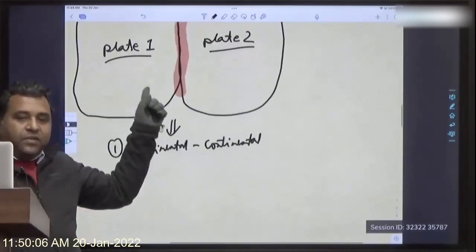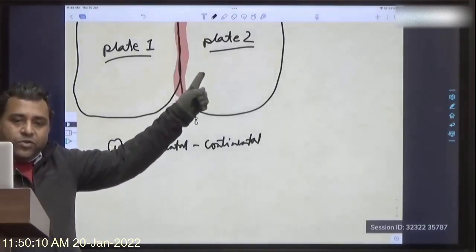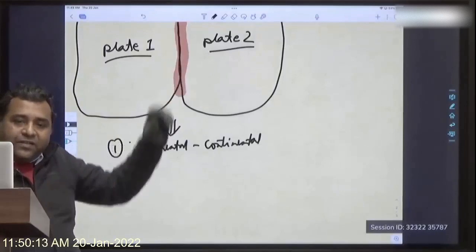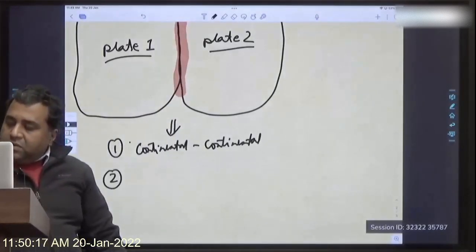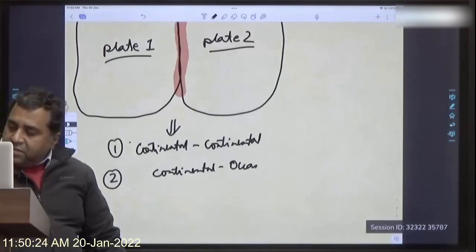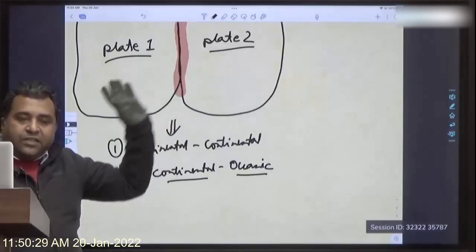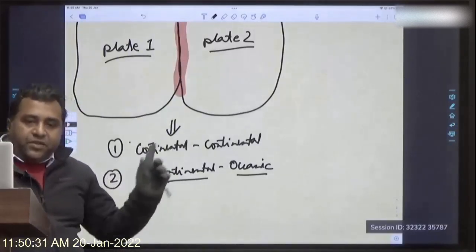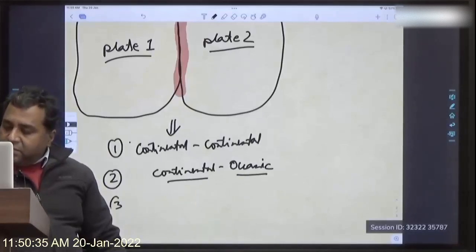So you can have plate 1 as continental because continental crust might be here, and plate 2 also as continental because along this margin you might have continent. Second, continental, oceanic, because on one of the plates you might have continental crust and on the other plate you might have oceanic crust. So you can have continental, continental; continental, oceanic; and third, oceanic, oceanic.